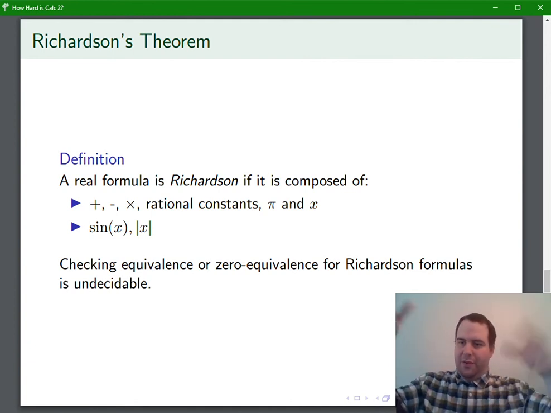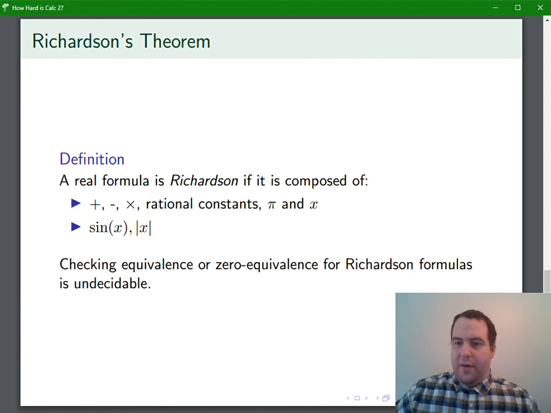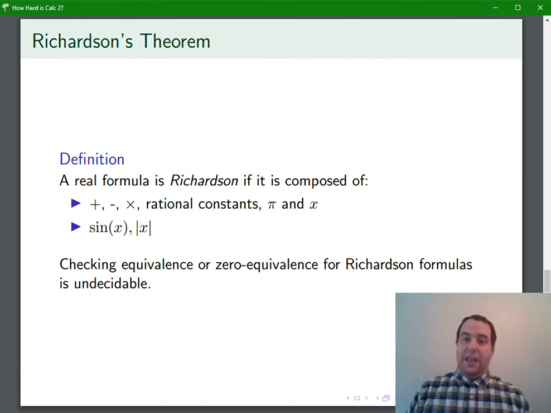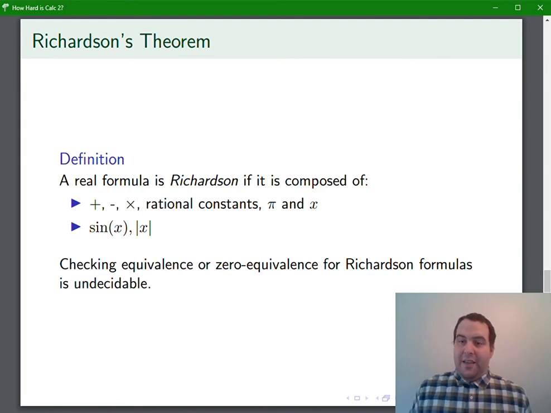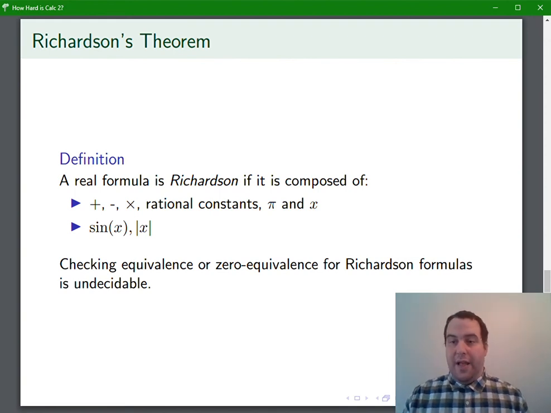You just have whatever formulas can be generated from these base components. And it turns out that checking equivalence of two Richardson formulas, or checking to see if a Richardson formula is equivalent to the zero formula, right? If this formula is identically zero, it turns out that that's undecidable, right? And because every Richardson formula is also elementary, this is a sub-problem of determining equivalence of elementary formulas.